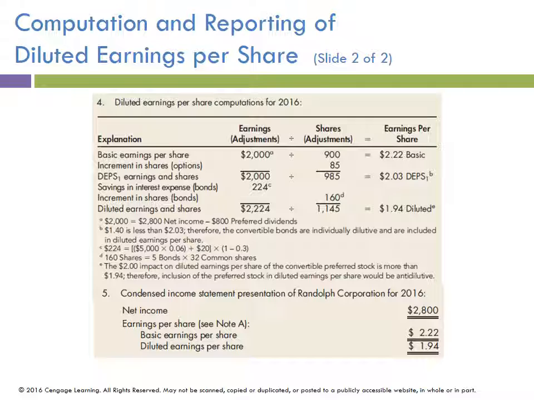Now, how many new shares were there? Currently, there's 1,145, the original 900, then the 85, pretending that the stock options and warrants were converted. Then showing the impact if the convertible bonds, 160. Now, what would be the impact of the convertible preferred stock? Well, we would have had 400 more, or 1,545.